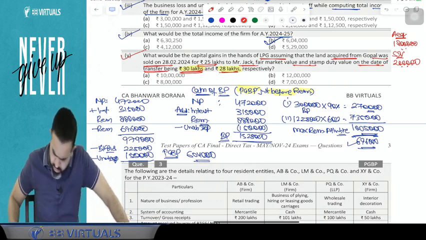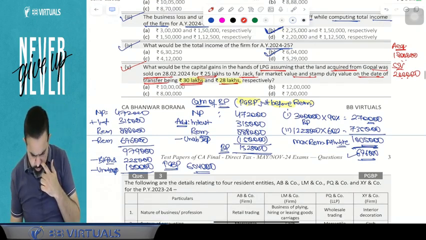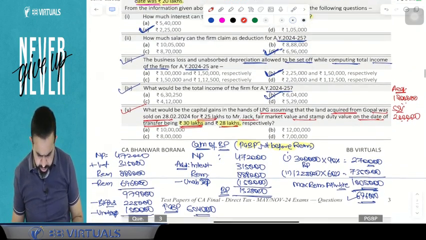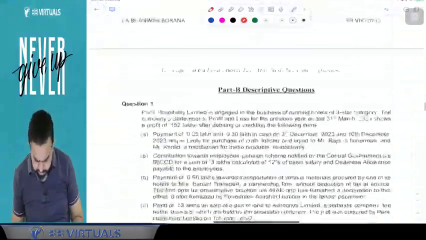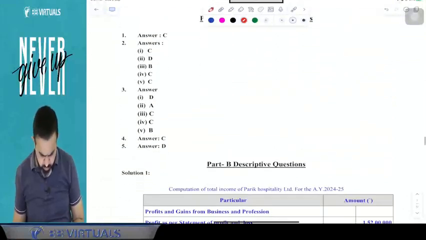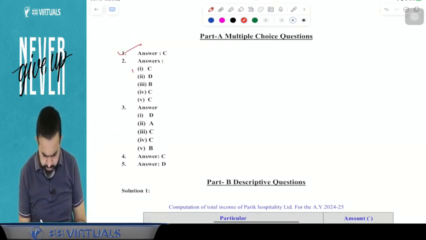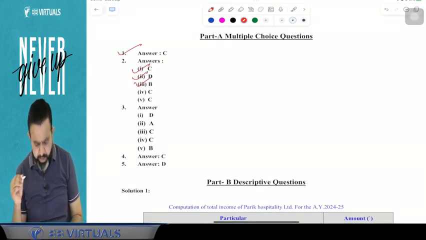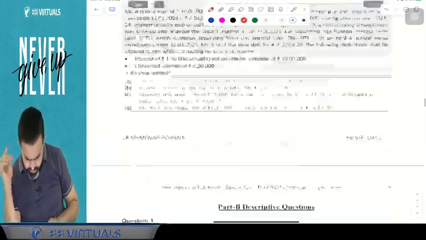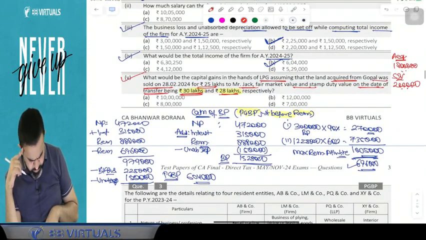It should be 6,04,000 only. In point number 4, in the answer sheet, it is given as B is correct, C is correct, D is correct. And here this answer, oh, here it is given as 4,12,000.